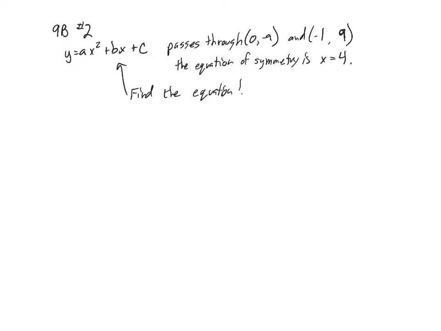The first thing is you could create 3 equations, right? You could take each of these points, 0, -9, you can put that in for x and y. So you could go -9 equals a times 0 squared plus b times 0 plus c.